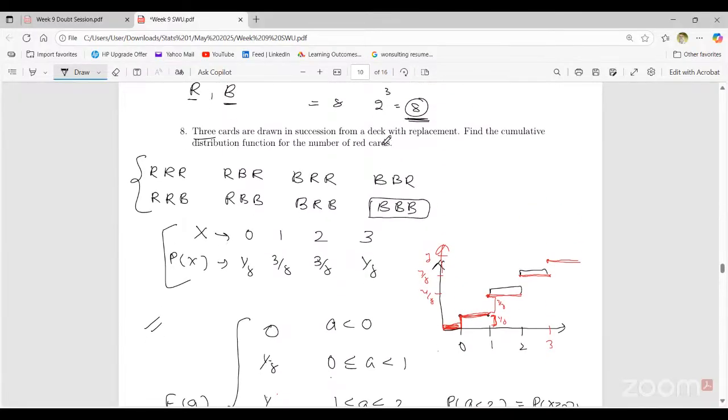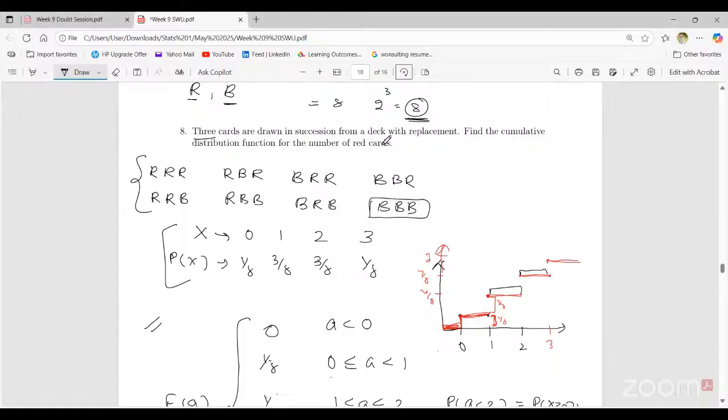This is the question, right? 3 cards are drawn in succession from a deck with replacement. Find the cumulative distribution function for the number of red cards. Correct? Yes, ma'am. Were you there on Tuesday session? Somebody was saying something? Okay.